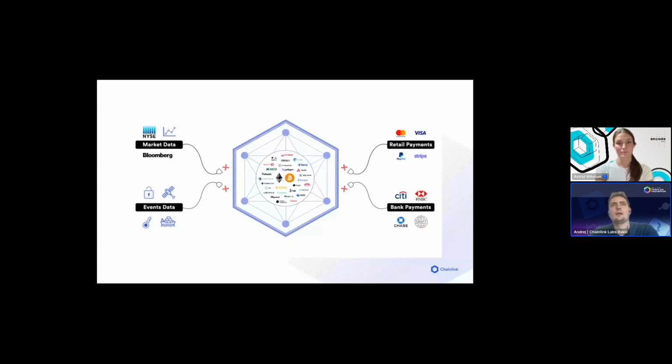Off-chain data means, for example, what's the current weather in New York or Berlin or wherever, or the current price of Bitcoin or gold or whatever asset, or data about bank payments, or who won the latest World Cup in basketball, or connecting different smart contracts on different blockchains, etc. So you get the point.